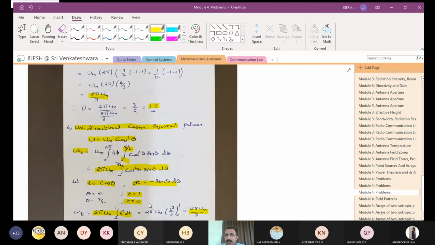You have to use the properties of integration and simplify it. In one of the problems before, I wrote 0 to pi as 0 to pi by 2 limits and multiplied by 2 times of that. Those types of things you need to understand.